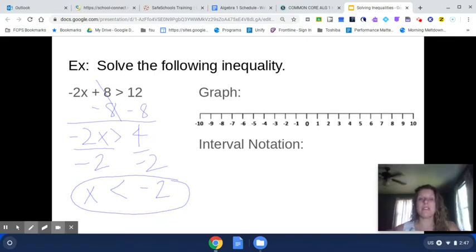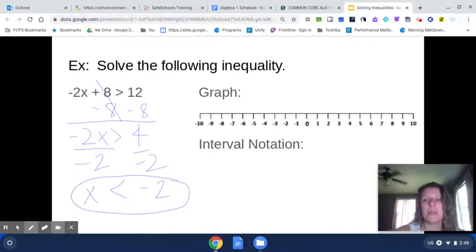Thinking about graphing that, I want to think about the numbers that are less than -2. Remember, left is always less. So if I look at where -2 is on the number line, anything to the left of that is a negative value that is less than -2. But I do not want to include the value of -2 exactly. So maybe I want to say -2.1 because that is less than -2, but I don't actually want to include -2.